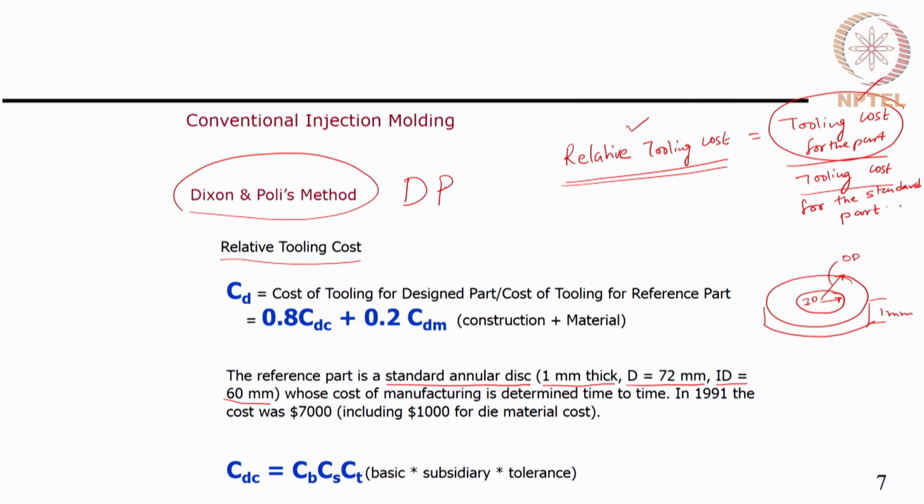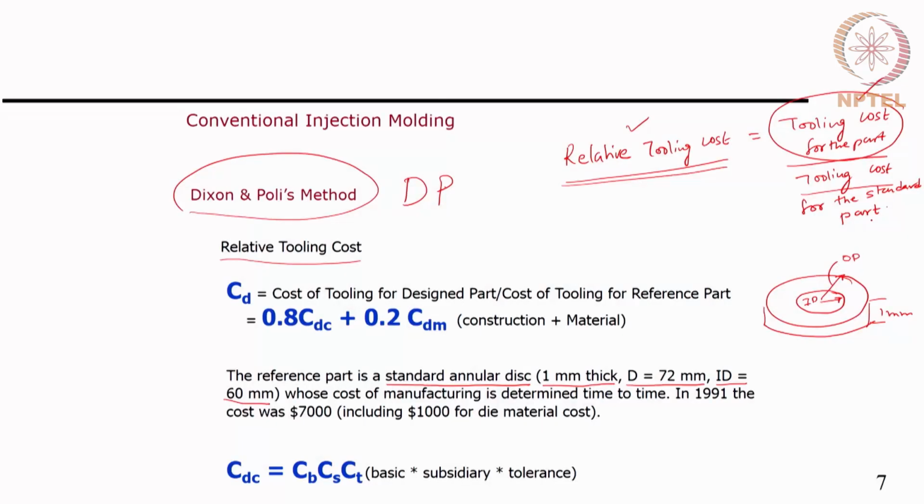The actual tooling cost itself keeps changing over time because the material costs, the hourly machining rates, and the costs associated with skill levels are all variables which change over time. So, by decoupling, this method can be applied at any period of time.